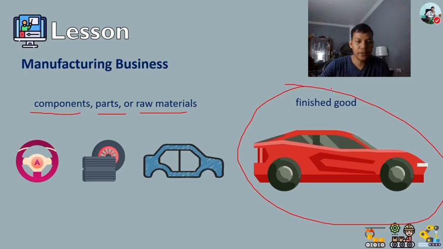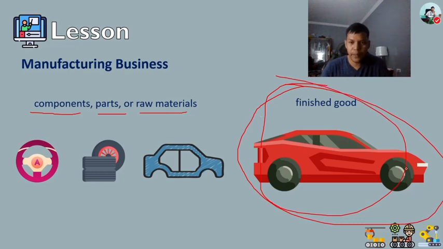A finished good or finished product is this one, for example, the car. Again, a manufacturing business is any business that uses components, parts, or raw materials to make a finished product, just like the examples here. These finished goods can be sold directly to the consumers or to other manufacturing businesses to make different products.